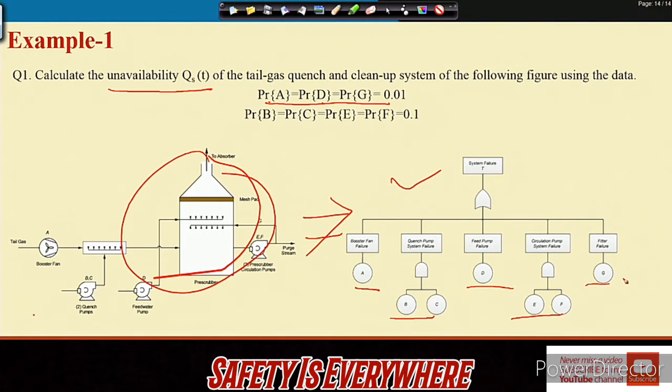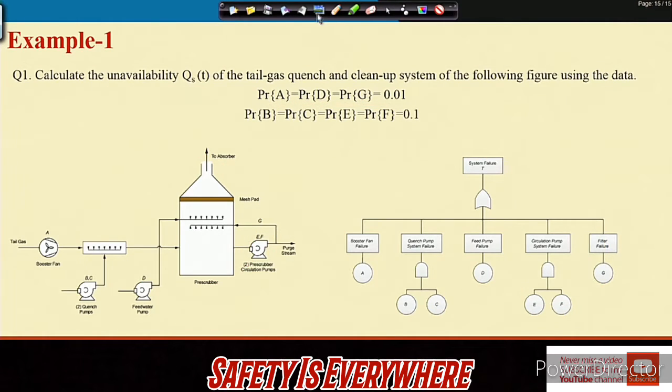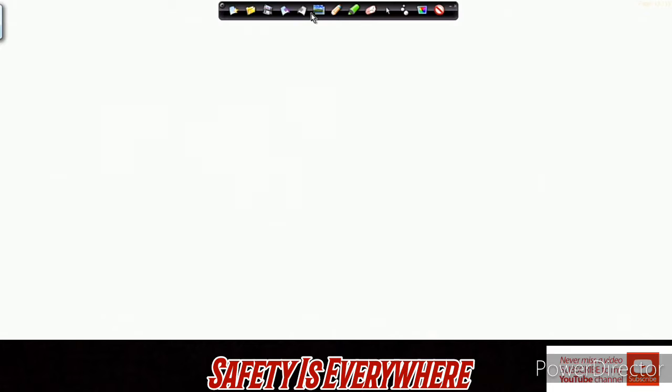I will show the step by step procedure of how to calculate unavailability given this fault tree. First, I will draw the fault tree. Suppose this is my top event, then there is one OR gate.